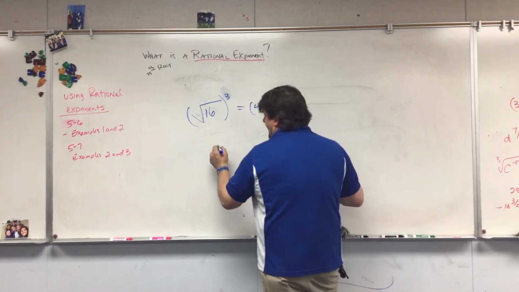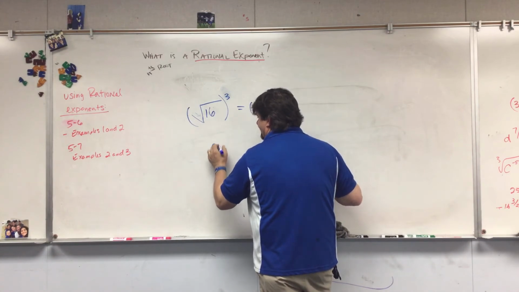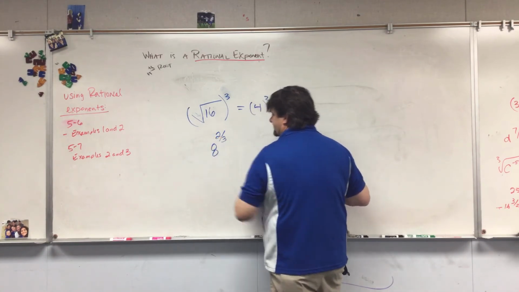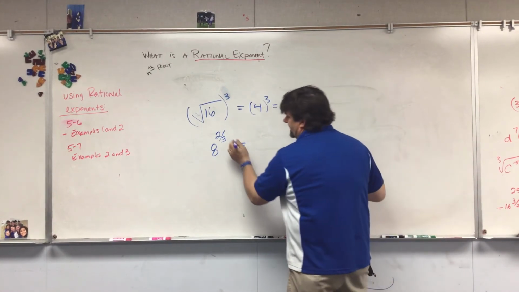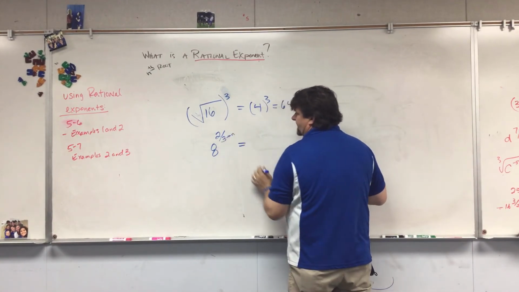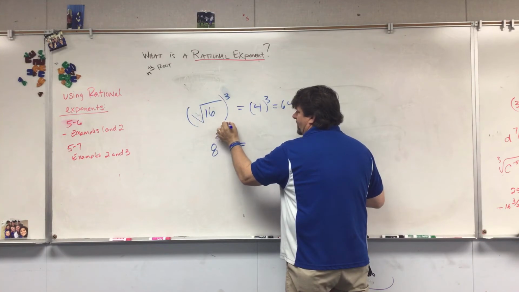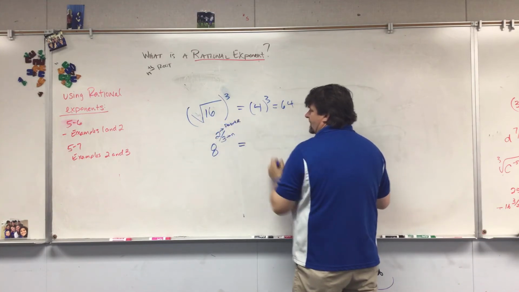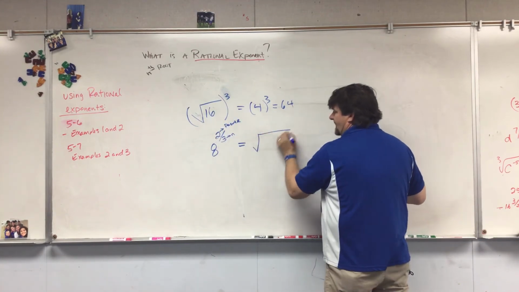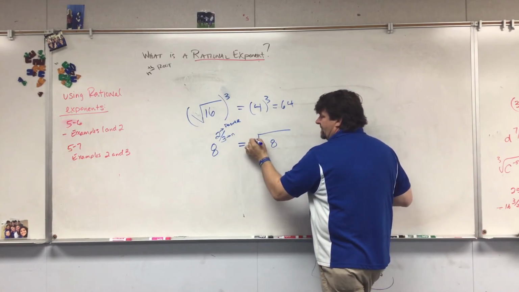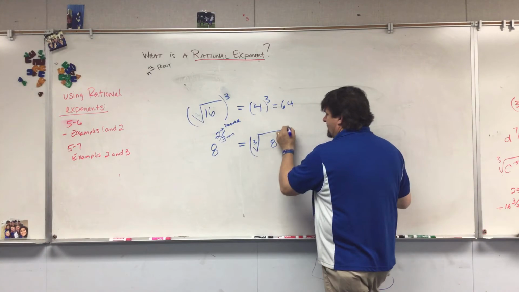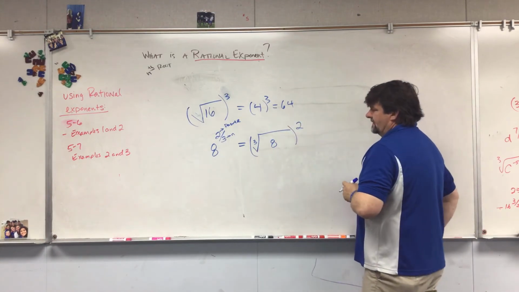So let's write an 8 to the 2/3. We know from previously that this is our n and this is our power. So 8 goes in the radical, 3 goes out here, squared goes there.